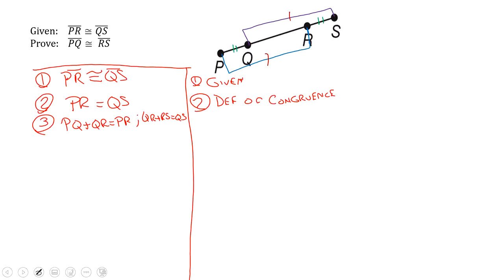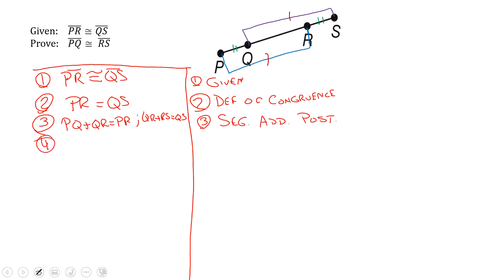Segment addition postulate, PQ plus QR equals PR. QR plus RS equals QS. So that's my reason here. Seg addition postulate. You can abbreviate. You'll start seeing some other abbreviations we can use as we get into this. Okay. So now we know that. Step 4.